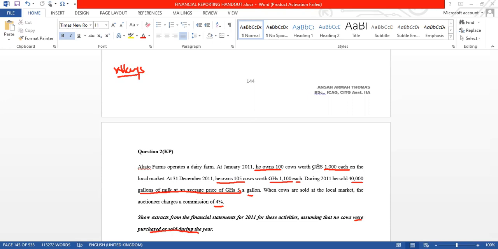Remember they told us that we had 100 at the beginning, and we have 105. The thing you need to be careful about is that he owns the 100, so we need to determine the value of these at the end of the year. So let's see the value of the 100.